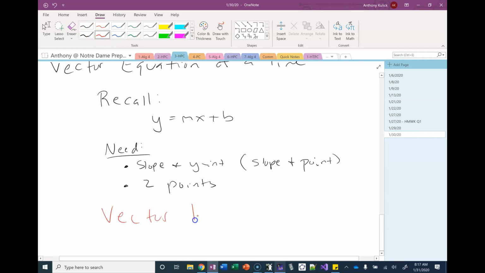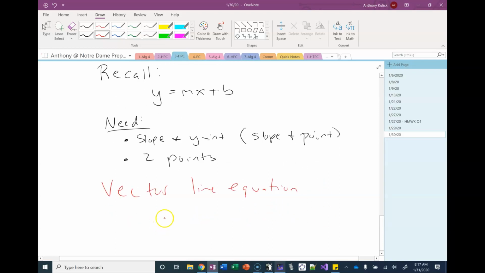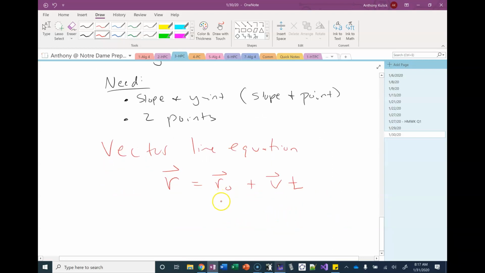So my vector line equation we're going to write as r equals r naught plus vt, where r naught is a point vector and v is a slope vector.